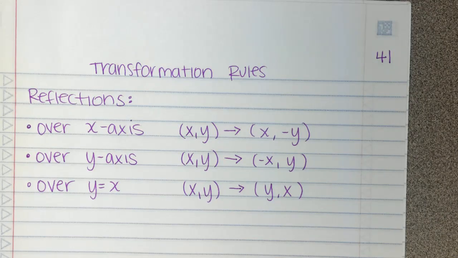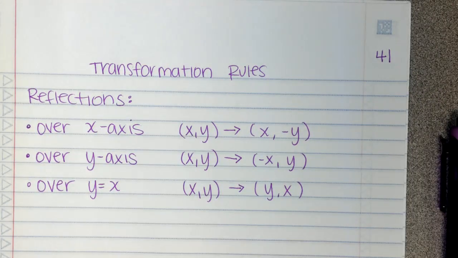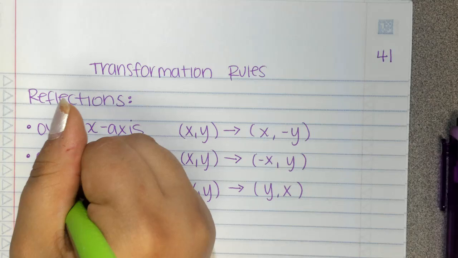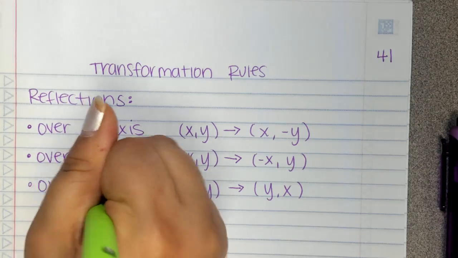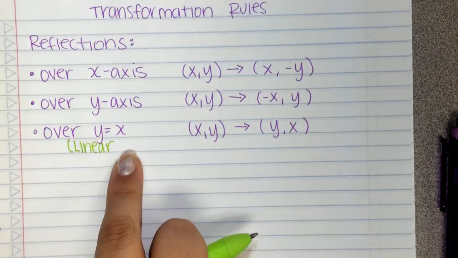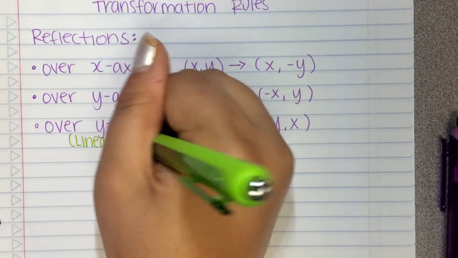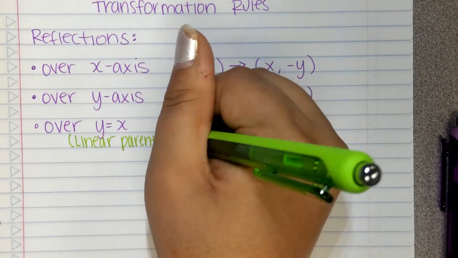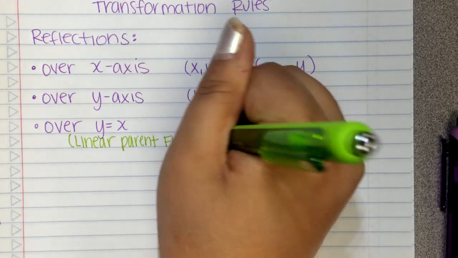Now, something I need you to know. Why are we all standing up? Sit down. Something I need you to know is I'm not going to always tell you, hey, reflect this over y equals x. Y equals x has a special name. Does anybody remember from algebra? No. We also call this the linear parent function.